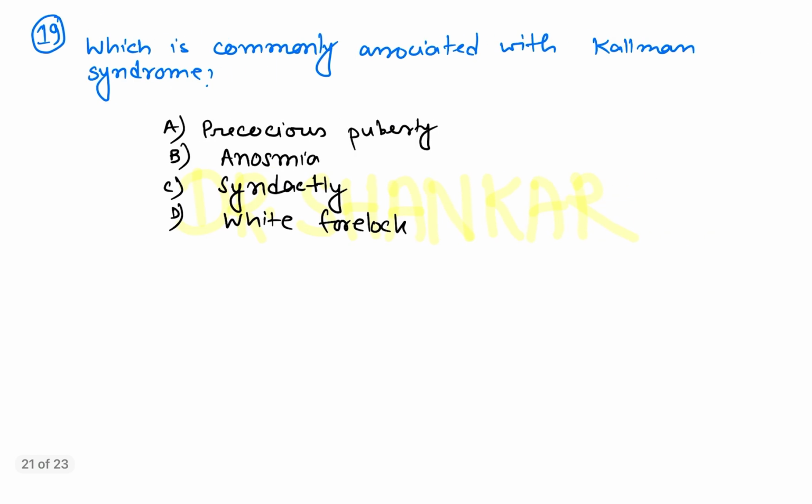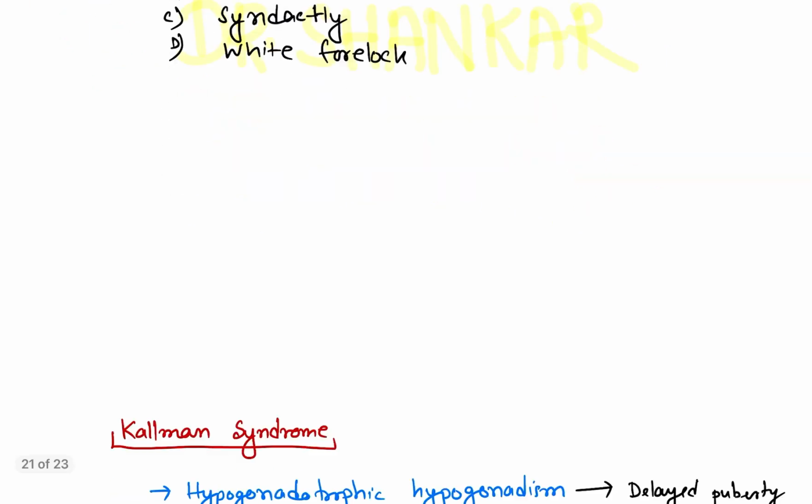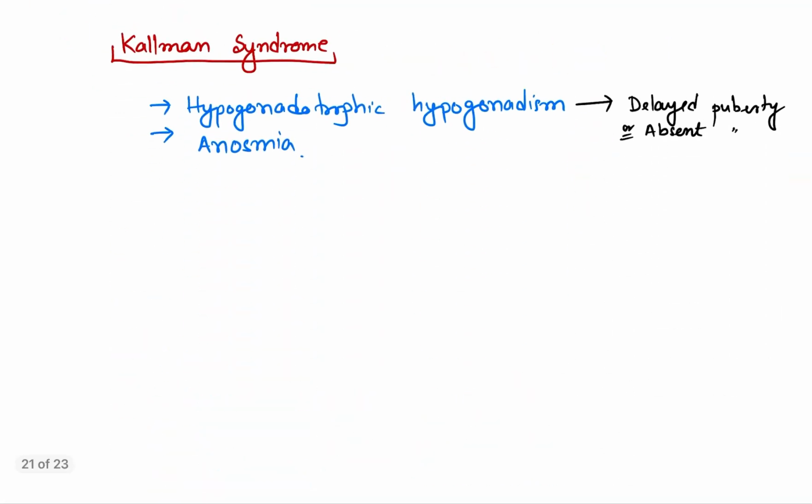Question number 19, which is commonly associated with Kallmann syndrome? As all of you know, Kallmann syndrome is an example of hypogonadotropic hypogonadism that is associated with anosmia. So hypogonadotropic hypogonadism with anosmia is typical Kallmann syndrome.